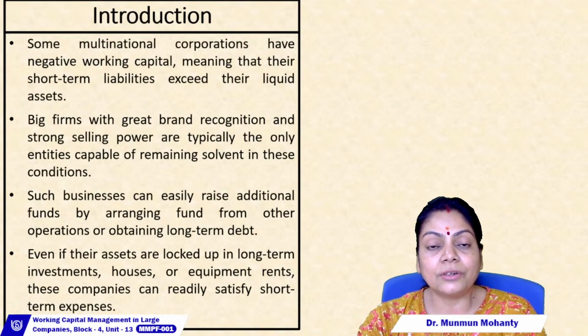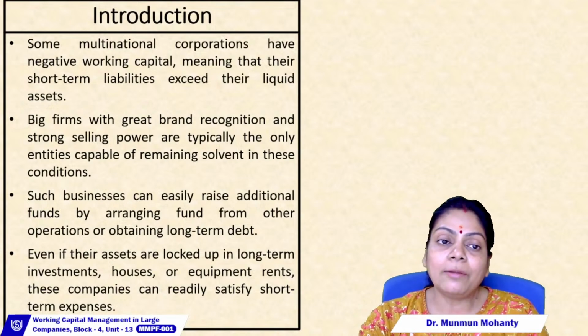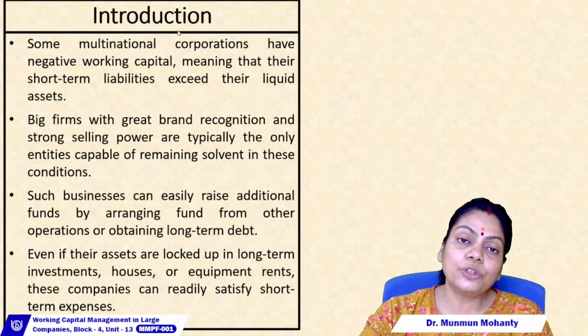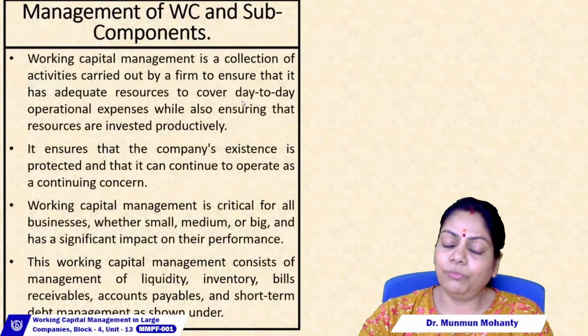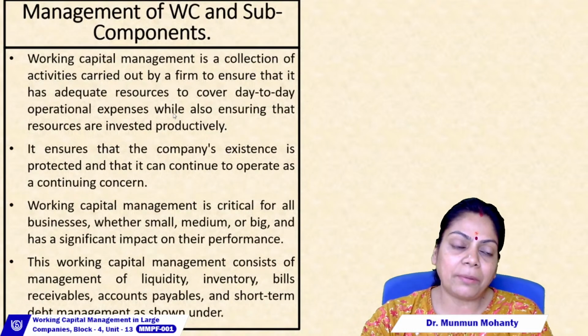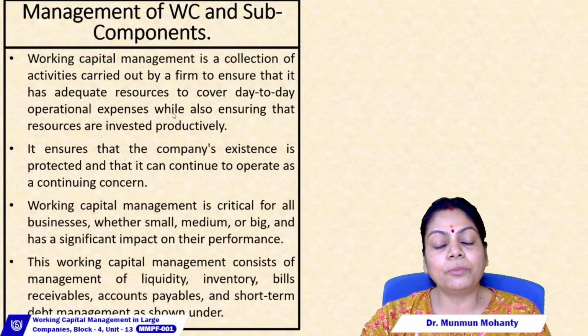When you have this huge amount of competitive power, then you can operate with it, and both of these things are problematic. So today's session is devoted to why working capital management should be done in a large corporation. Now you see, we have been discussing working capital management for quite some period now.